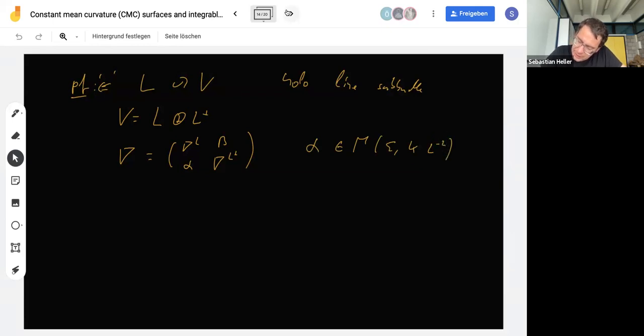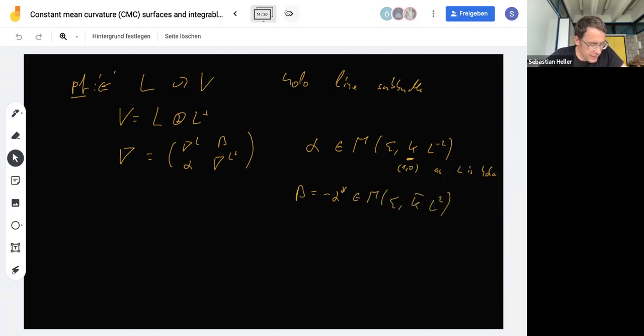So it's a 1-0 form as L is holomorphic. So that's here the important observation. And then unitarity means beta is just minus alpha, the adjoint of alpha, with respect to the Hermitian metric.